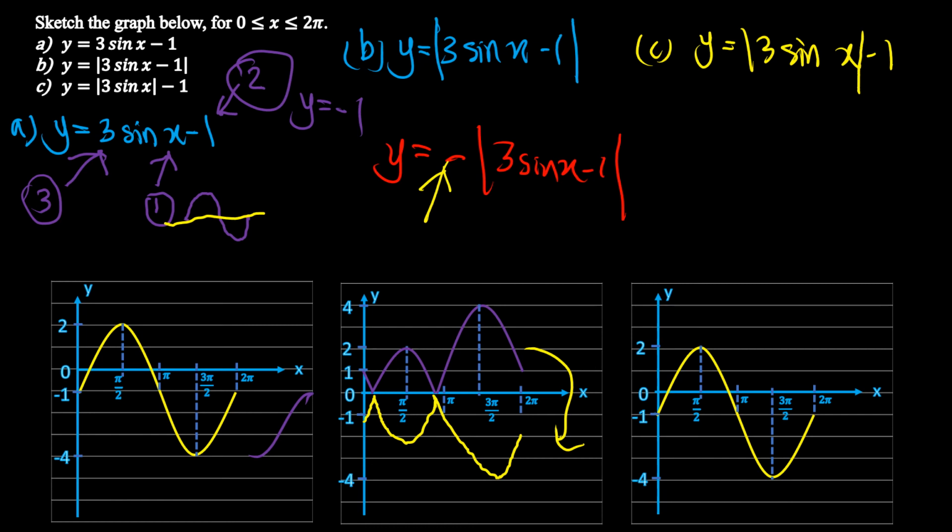So now, how do you flip this one? You cannot flip everything from the negative part to the positive part. No. For a question like question C, you only flip your graph at the balanced line. So you have your balanced line y equal to -1 here.